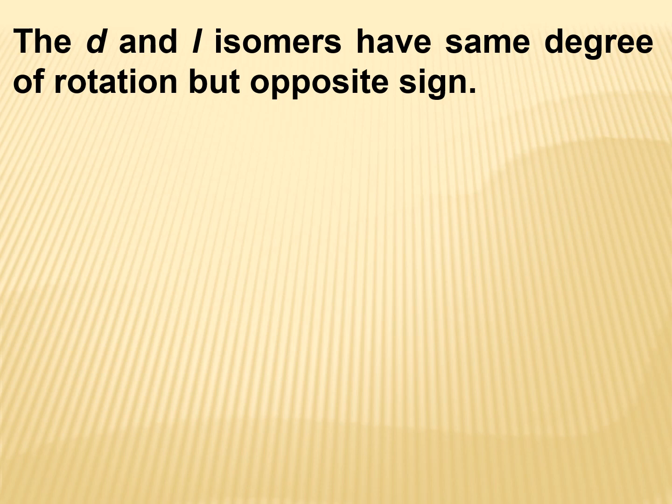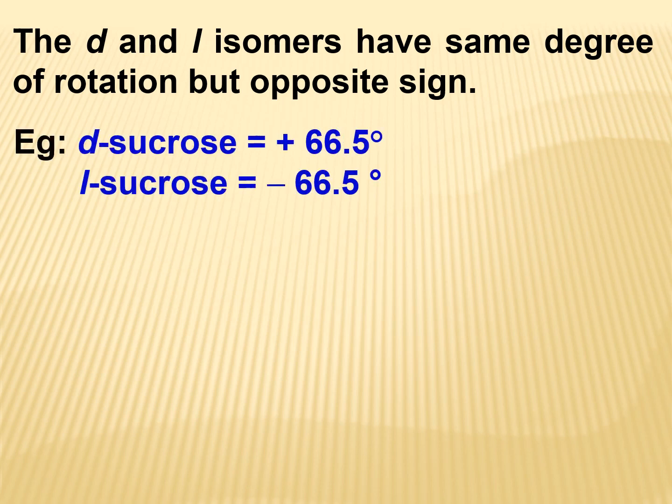Now this rotation is measured in degrees, how much angle it rotates the plane polarized light. For example, D sucrose has a rotation of plus 66.5 degrees, which means that the plane polarized light is rotated by an angle of 66.5 degrees.